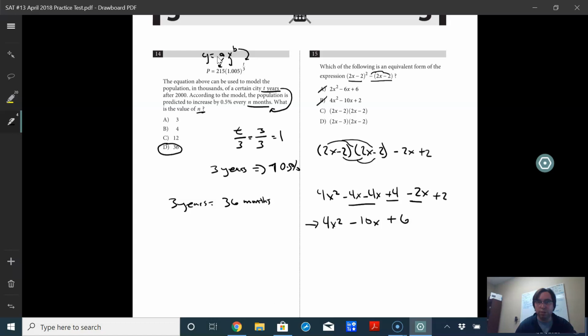The easiest way is just finding the constant term. Negative 2 times negative 2 is going to be positive 4, so it can't be that. Negative 3 times 2 is going to be positive 6, which agrees with what I have here. So the answer choice is D.